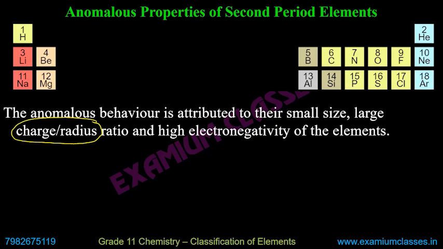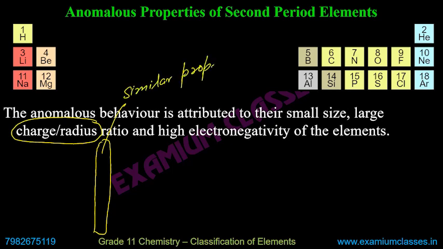So in the periodic table, when we say that we have clubbed the elements in the same group because they have similar properties, remember, all the elements in the same group, for example, group 2 will have similar properties, group 3 elements will have similar properties. Okay? All elements in group 15 will have similar properties. But what is the underlying reason?